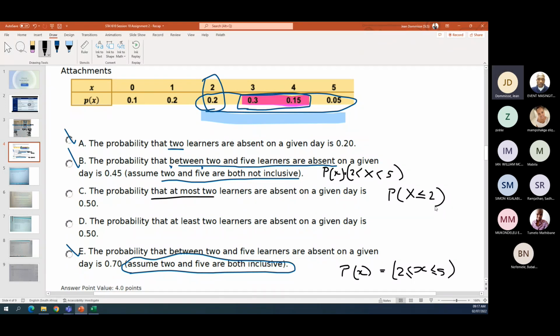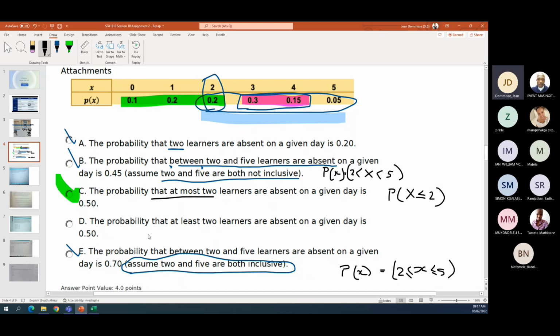I just went to that table and I used it, and then smaller or equal to 2. So it's 0.1, 0.3, 0.5. So that is correct.